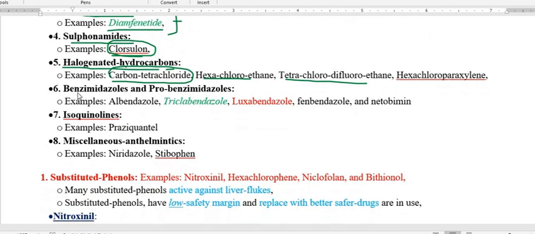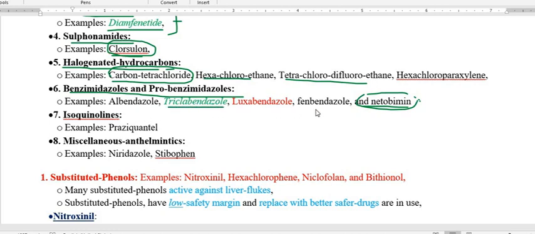Next group is benzimidazoles and probenzimidazoles. Amongst these, the benzimidazole drugs are albendazole, triclabendazole, luxabendazole, fenbendazole, and the probenzimidazole is netobimin. Here is a very interesting thing regarding triclabendazole.